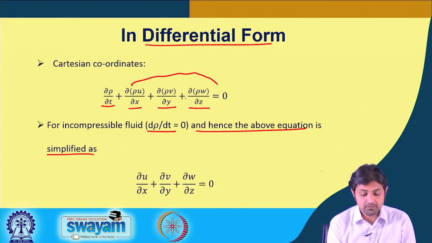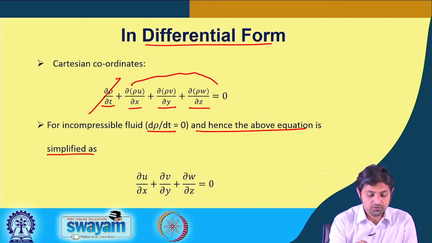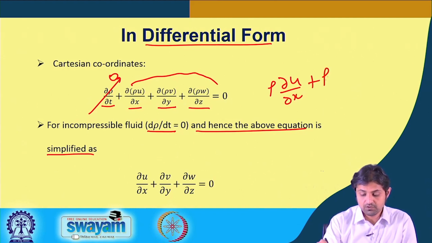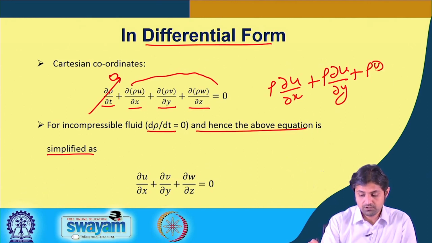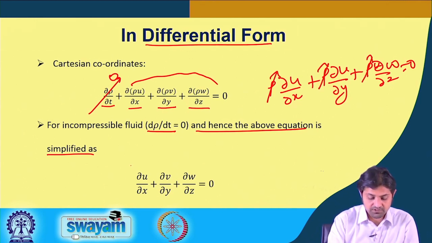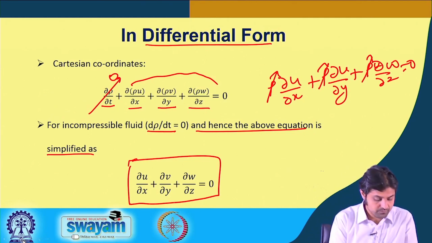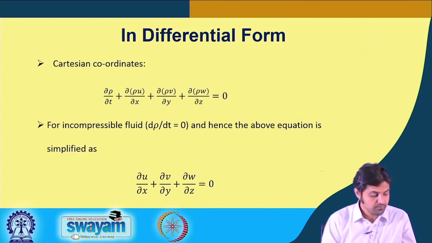Therefore, this will go to 0, rho will come out, so it becomes rho del u by del x plus rho del v by del y plus rho del w by del z is equal to 0, and if rho is not equal to 0, it can be cancelled from both sides. So, this is the continuity equation in the differential form.